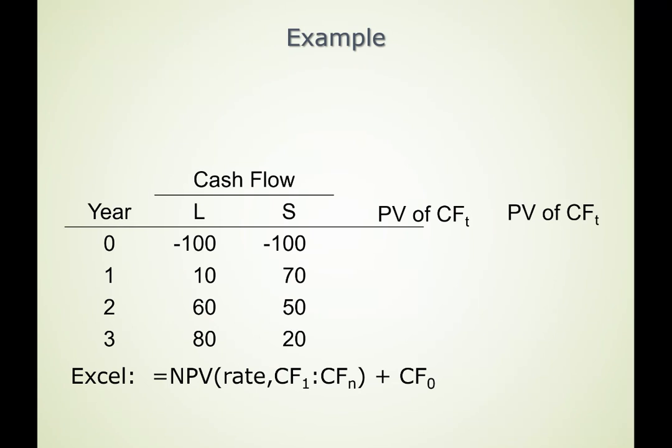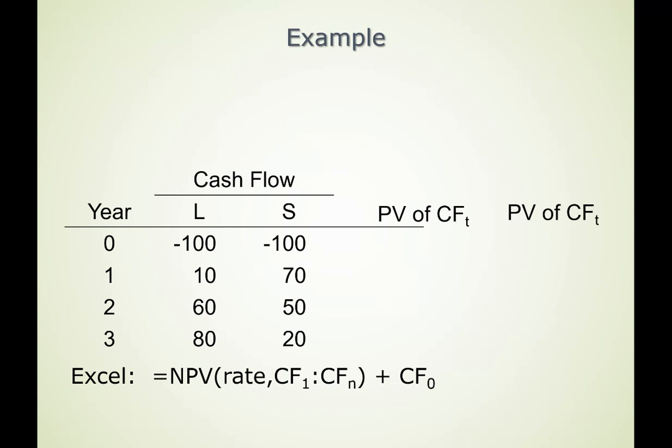So you invest $100 in Project L, and Project S will also require an investment of $100. But thereafter, you end up having some cash inflows: for Project L it is 10, 60, 80 over a 3-year period, and for S it is 70, 50, 20.